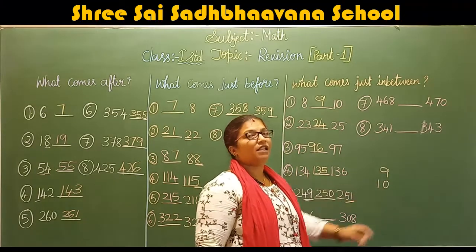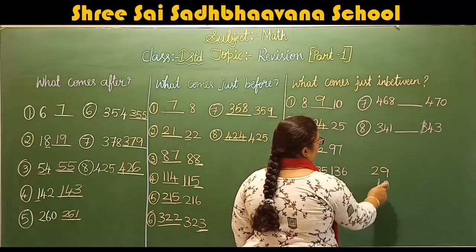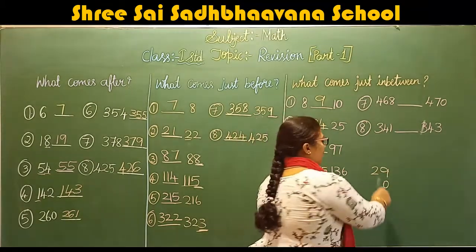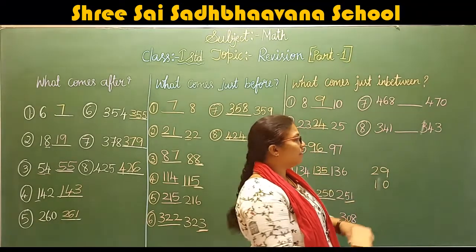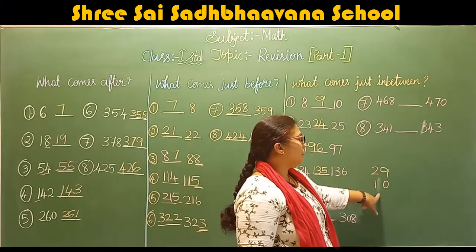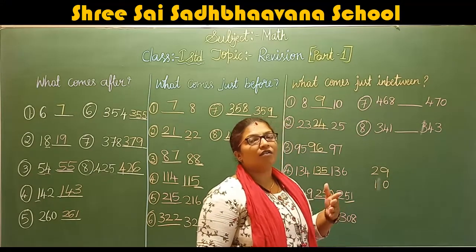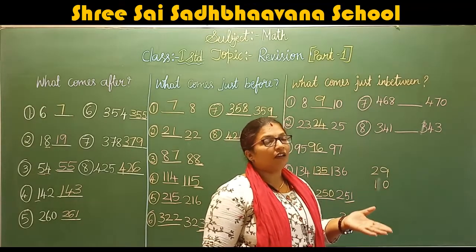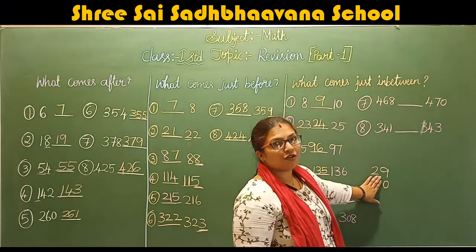If it is 29, so 9 after 10 comes, so the 2 numbers will be there. If we write like this, it becomes 39. So we can't take 10 as 10, so ones place number only one we should take.